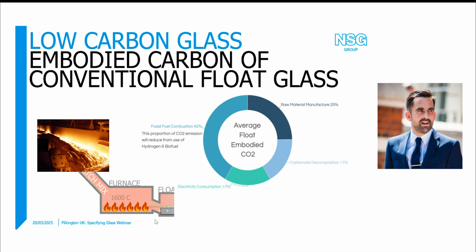That's mainly because in a float glass furnace, the temperature is required to reach up to 1,600 degrees to melt the batch materials, the sand, etc. We can also see areas that can be effective, such as increased recycled content in the raw material manufacture, and also an area in electrical consumption, areas that we can look at improving to produce a lower carbon glass.